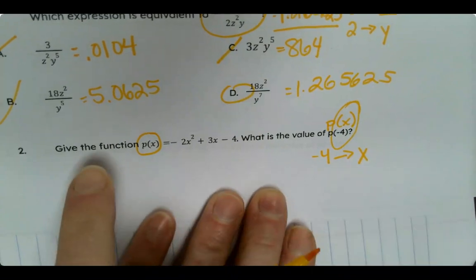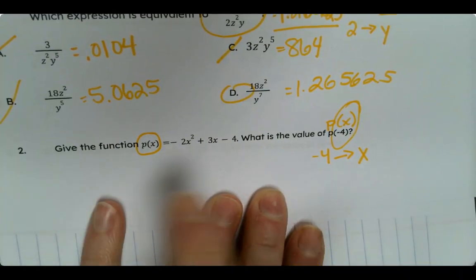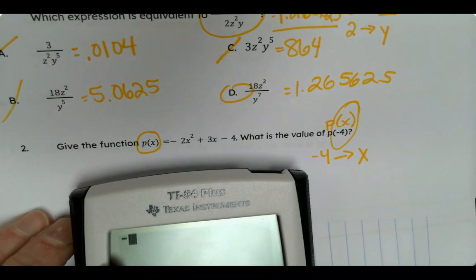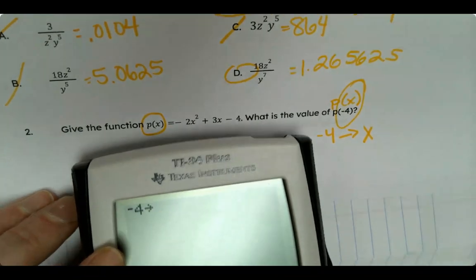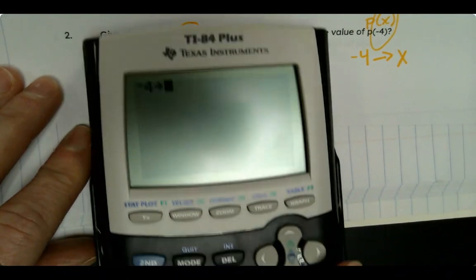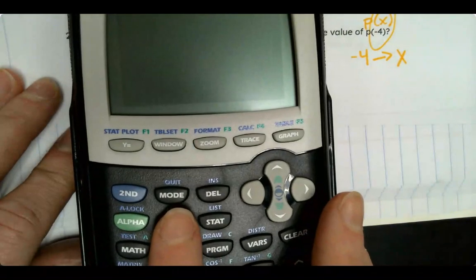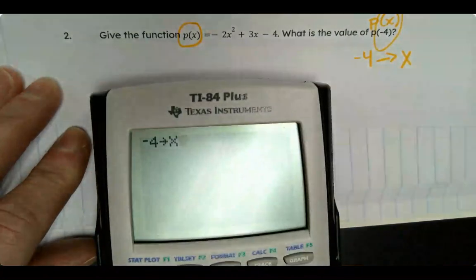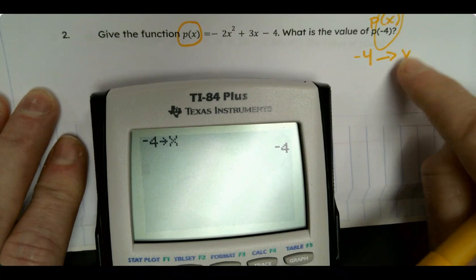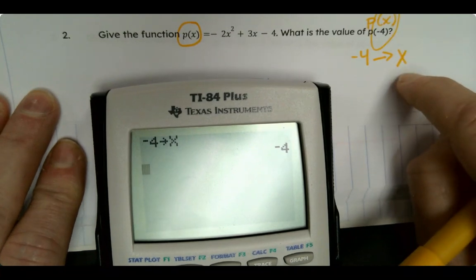So I'm going to put negative 4 in for x. So you could substitute it in, or you could use the store function like I taught you for exponents. So we're going to do negative 4 store x. And x is actually easier to find than any other variable. It's right here. So once you store it, make sure you write down what you're storing for x.